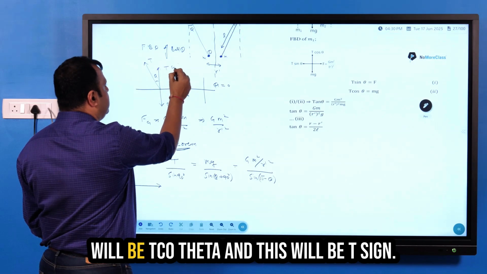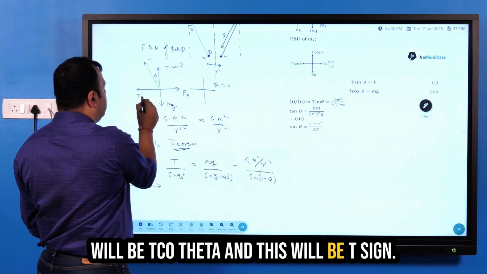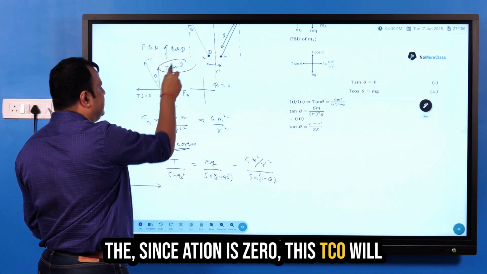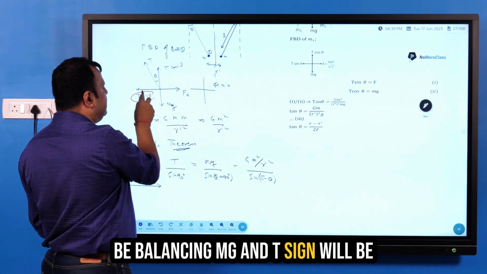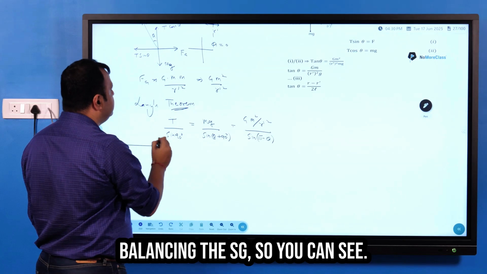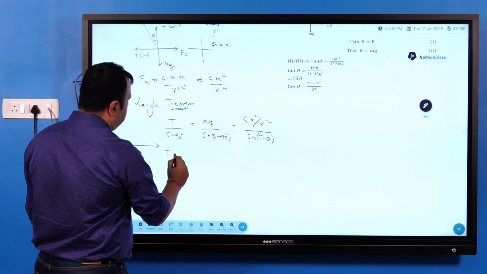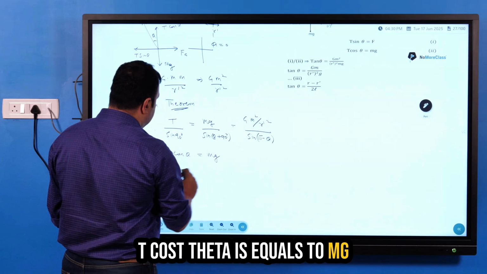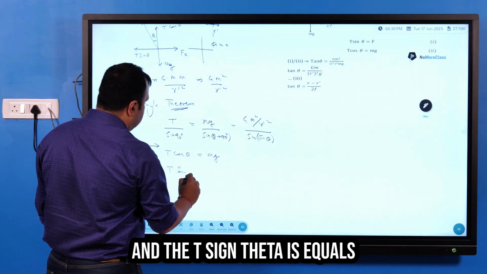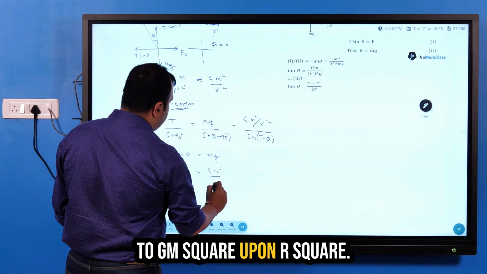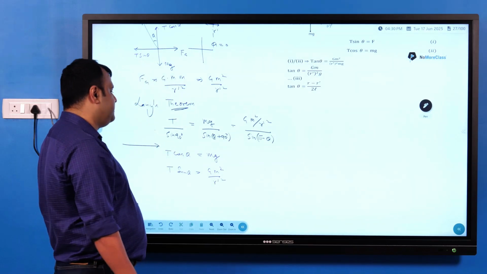This will be T cos theta and this will be T sin theta. Since the acceleration is 0, T cos theta will be balancing mg and T sin theta will be balancing the Fg. So you can say T cos theta is equal to mg and T sin theta is equal to G m square upon r dash square.